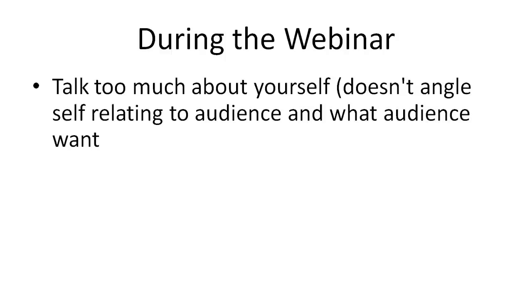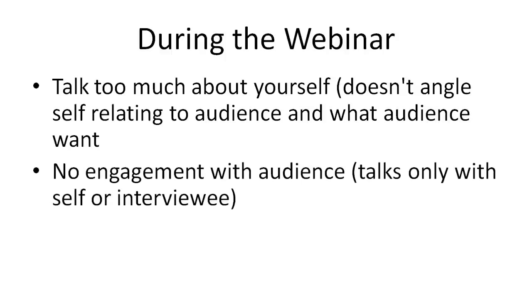Maybe their goal is to ultimately become like you, or to use what you have produced and get the same results. As long as you angle it that way, it's okay to talk about yourself. But I've seen many times, over and over again, people just talking about themselves and it doesn't relate to the topic in the webinar.